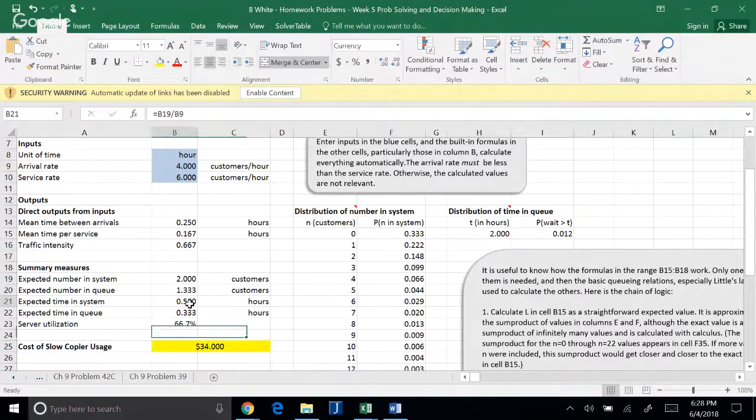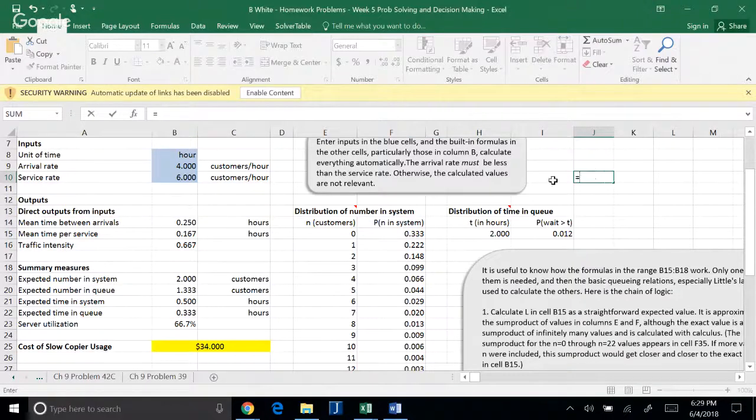Now, if you see this, the expected time in system is 0.5. The arrival rate is 4. I'm just doing this over here; it's not really part of the problem. I just want you to see: if you multiply 4 times 0.5, you're going to get 2. Notice how the expected number in system at any given time is 2. That is not accidental.